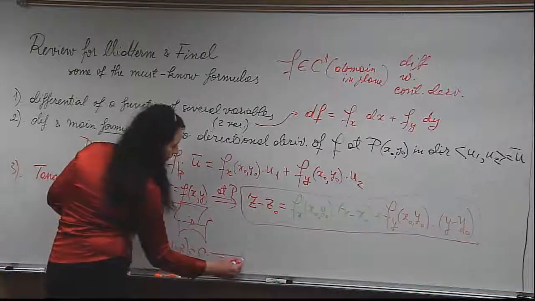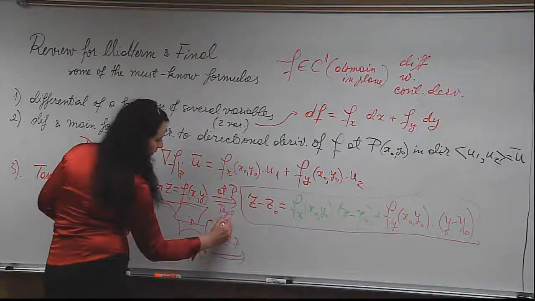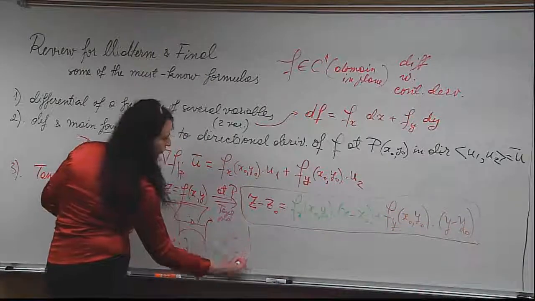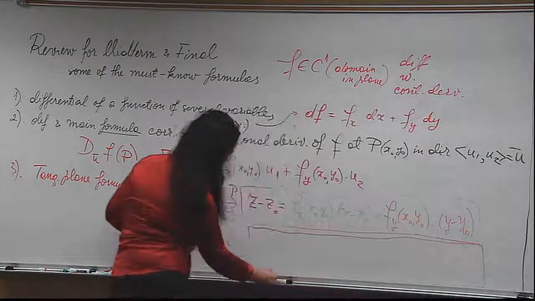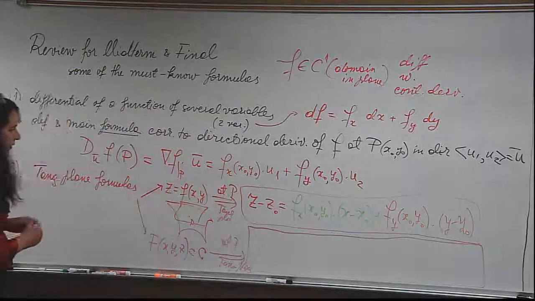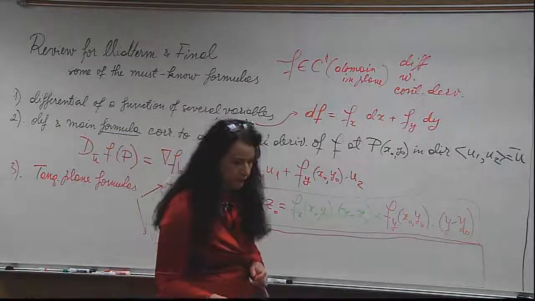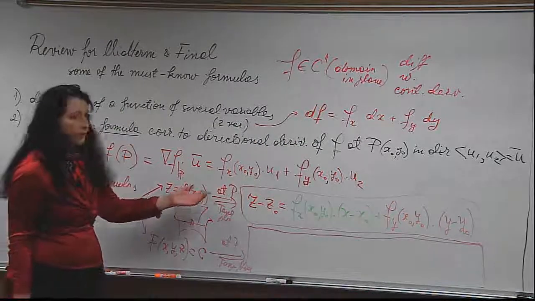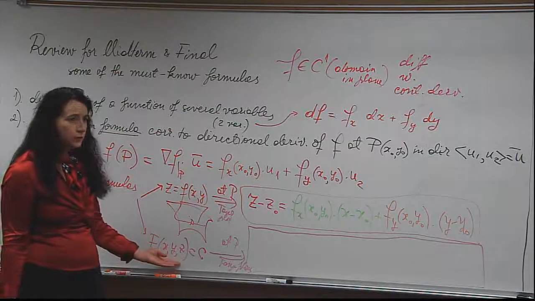What is the tangent plane at P? Tangent plane in both cases should be what? Well, if you consider the first formula as a consequence of the second one, that would be simply easy because you would have to write f of x, y minus z equals 0, and there you are, the same kind of formula, implicit.